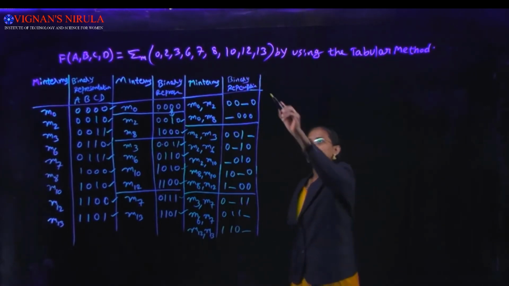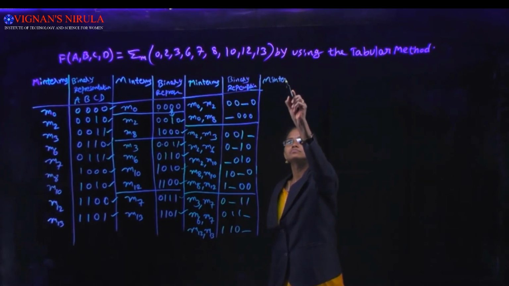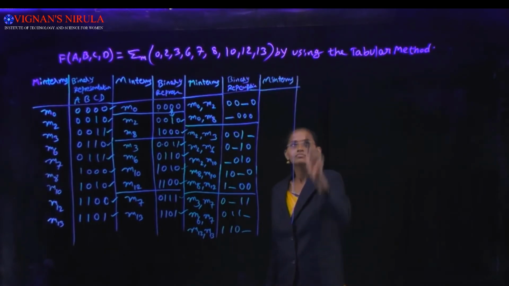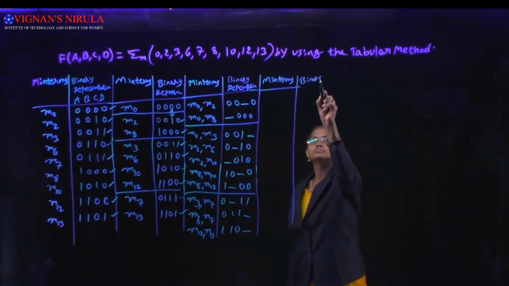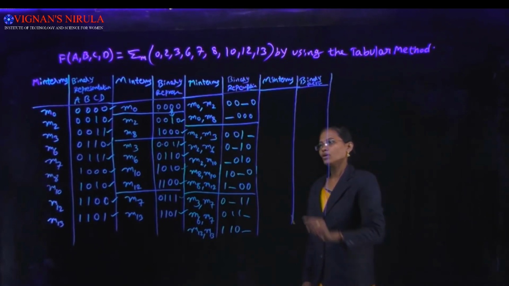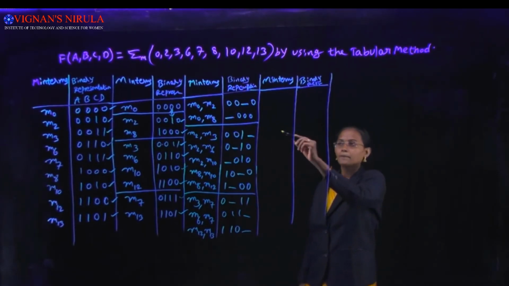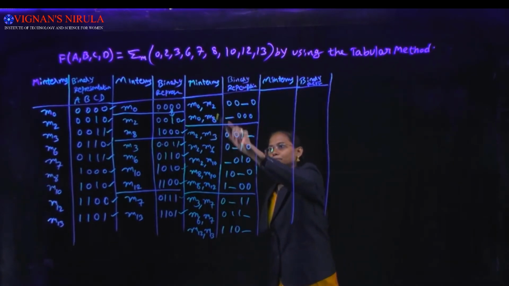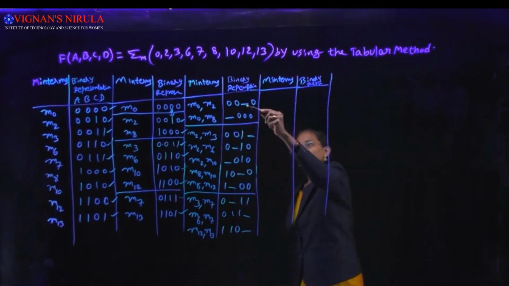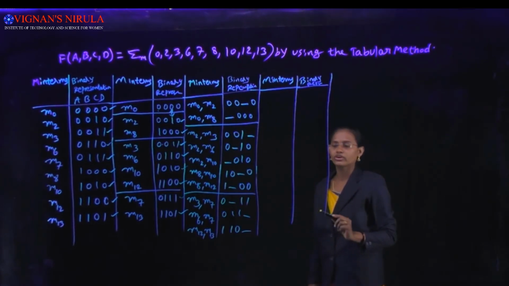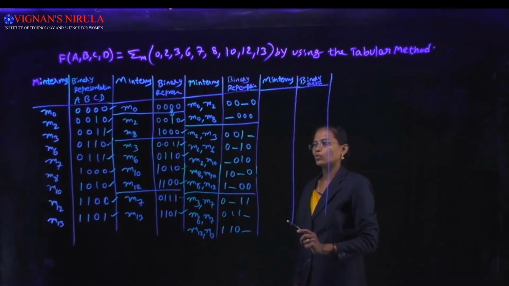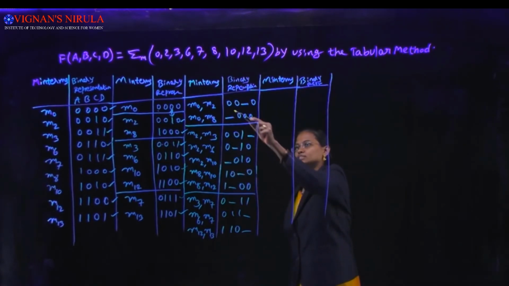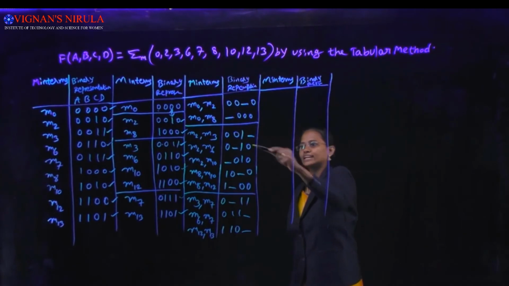And next minterms and binary representation. Okay, here also we write down the compared minterms, where at least one position is different. M0 and M2, 0 0 0 dash, 1 0 dash, so don't write. And next M2 and M6, 0 0 0 dash 1 dash, so don't write.